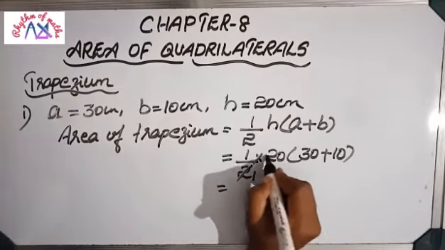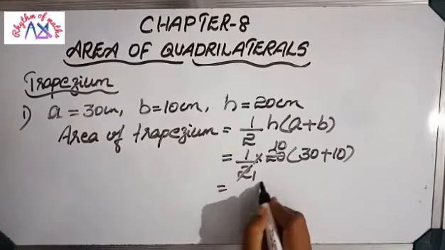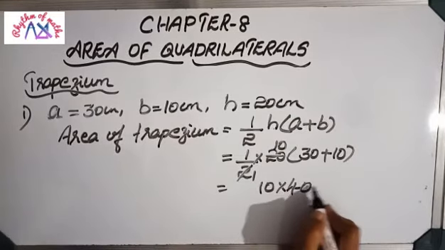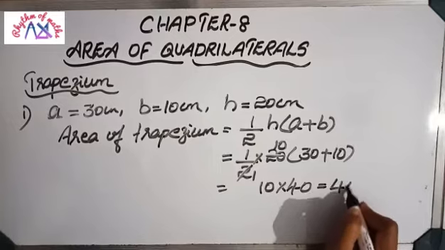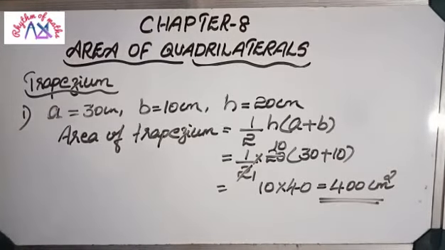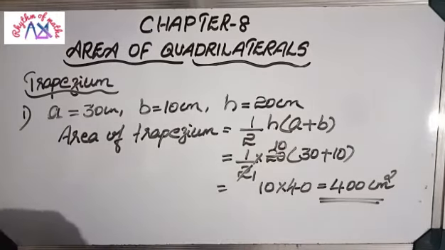In 2 only 1 two, in 20 10 twos are there. So 10 into 30 plus 10, 40. So 10 into 40 is 400 centimeter square. This is the area of this particular trapezium. No more calculation to do. Just by applying the values we will get the answer. Okay, this is first one.